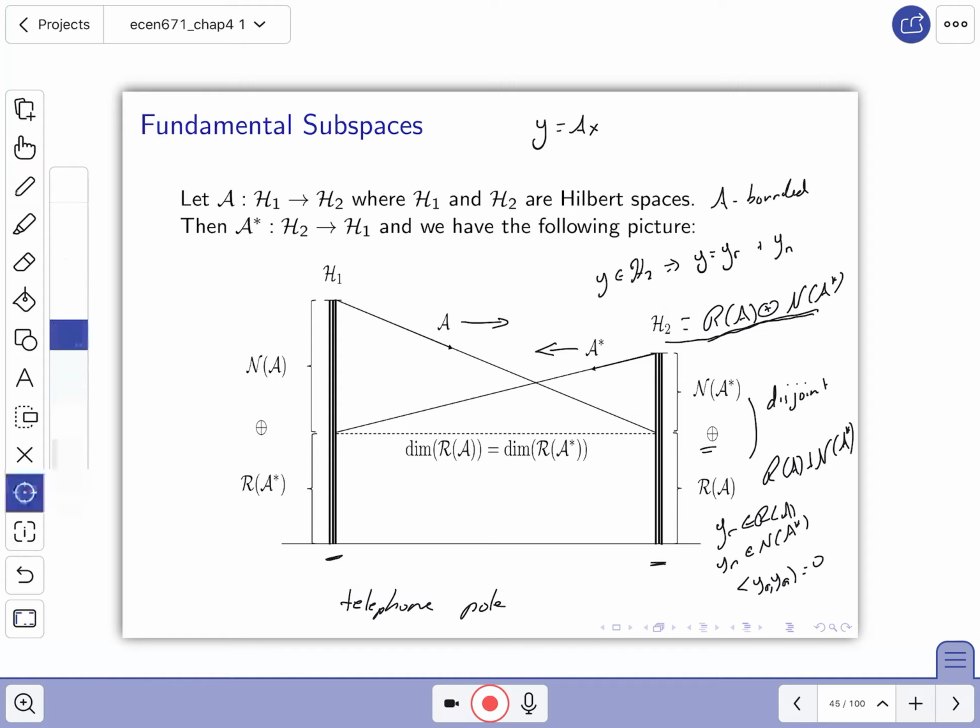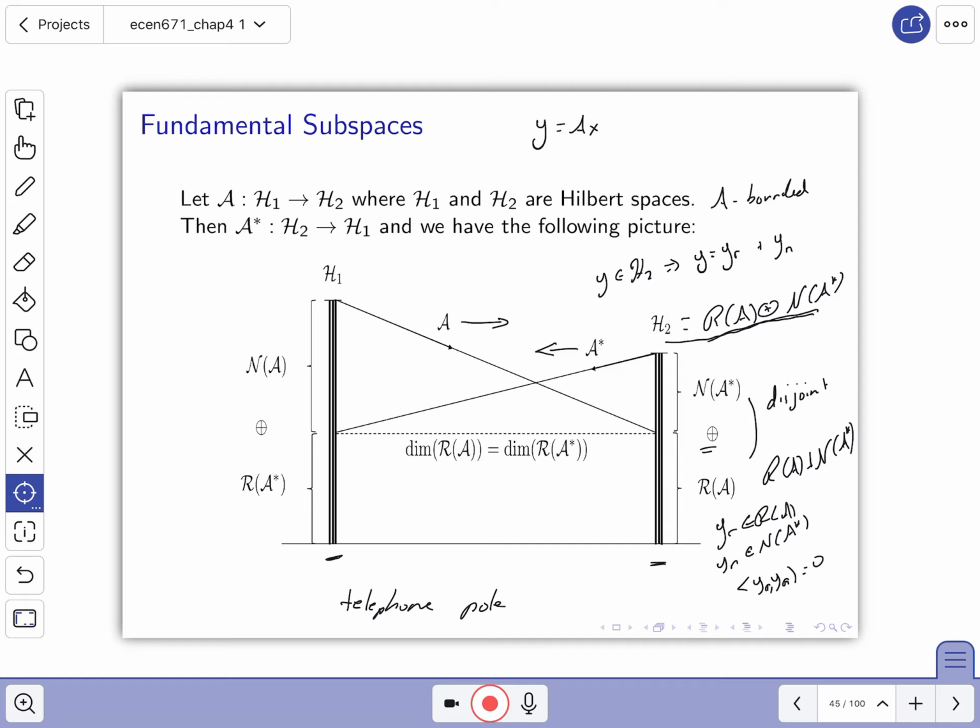Similarly, we can say that H1 is the orthogonal decomposition of the range space of A star and the null space of A. The straight line here represents that the dimension of the range space of A is going to be exactly equal to the dimension of the range space of A star.